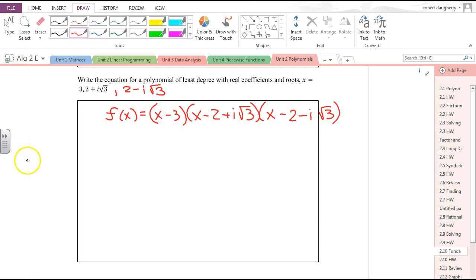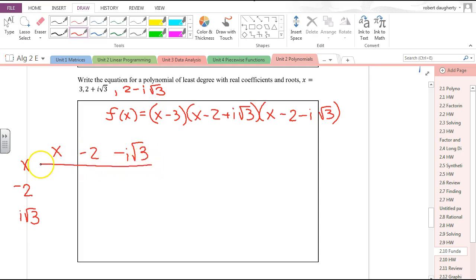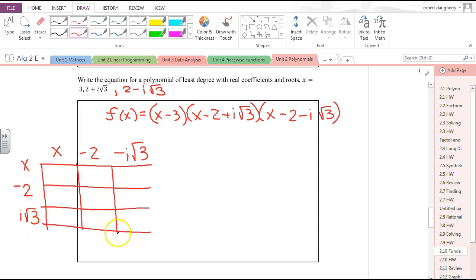So, x minus 2 plus i root 3, and then x minus 2 minus i root 3. X times x, x squared, okay?